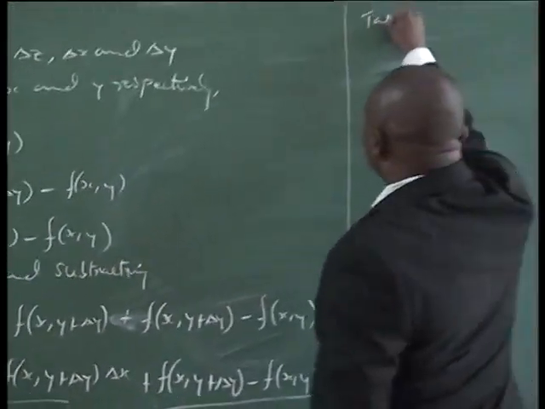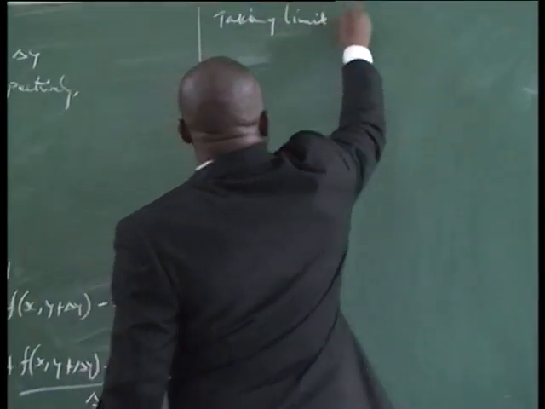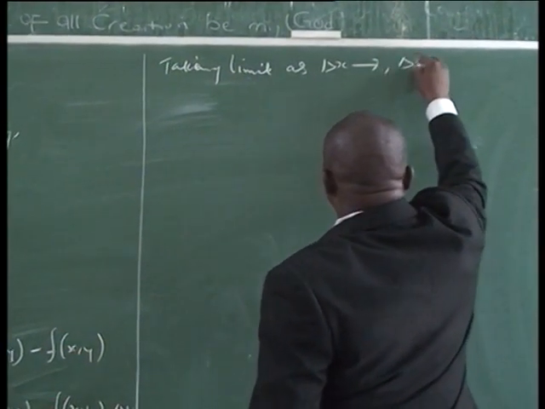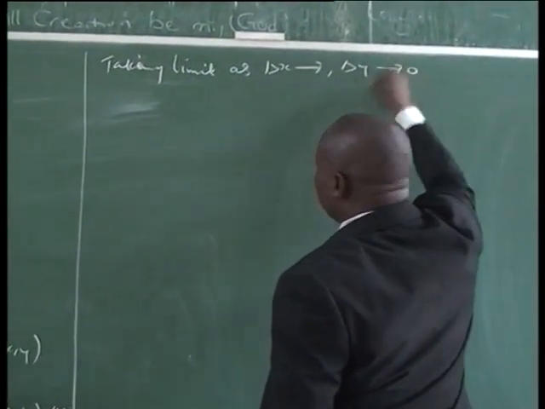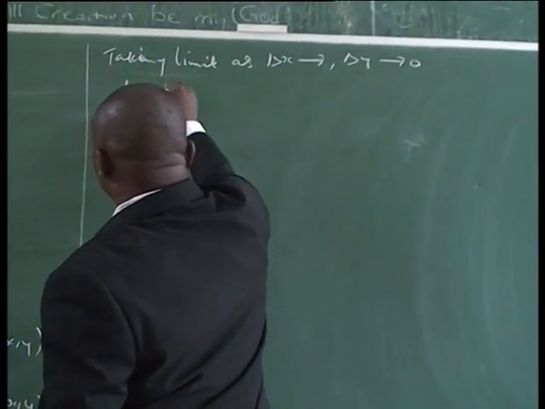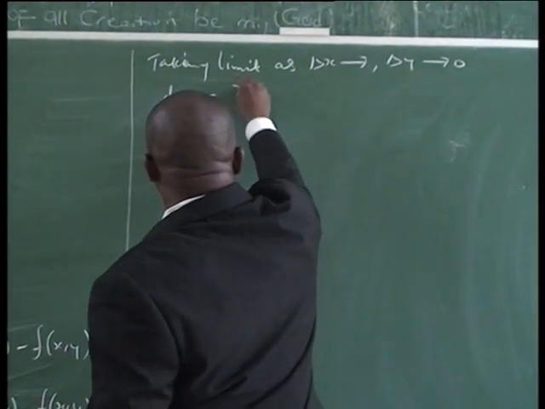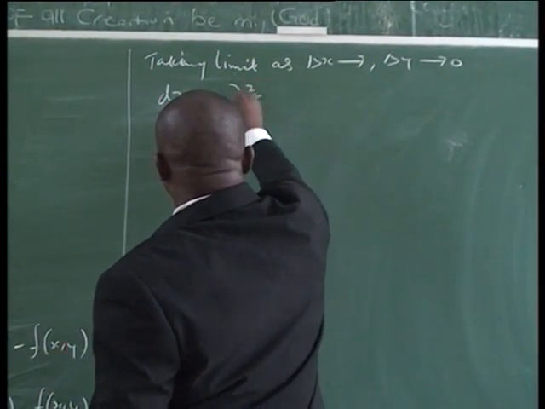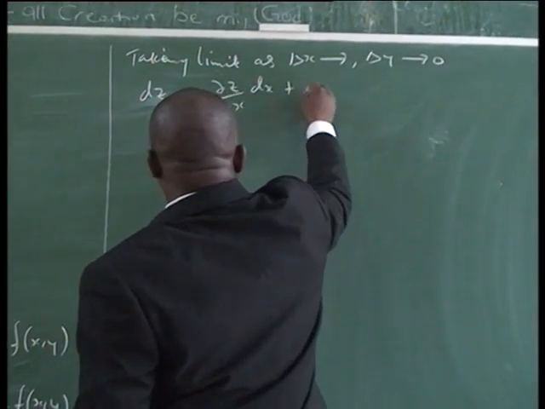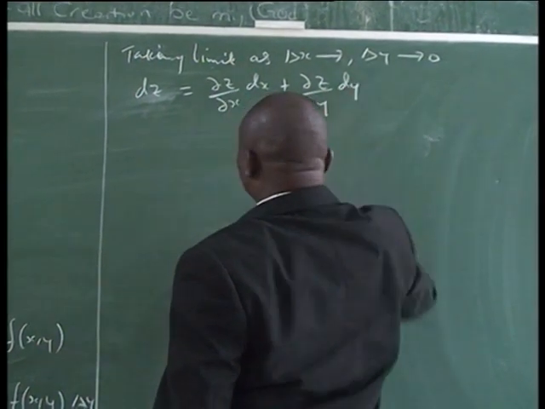If I take the limit as change in x approaches 0 and change in y approaches 0, we will have that dz will be equal to partial z partial x dx plus partial z partial y dy.